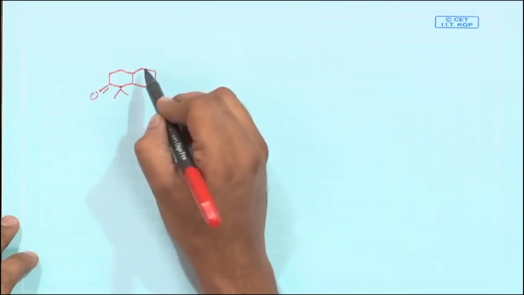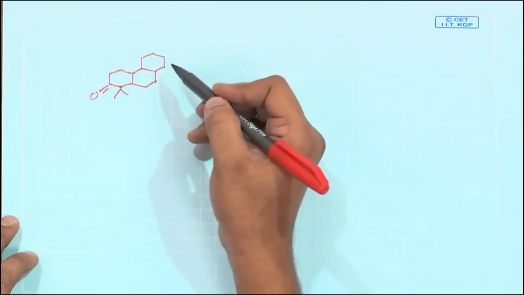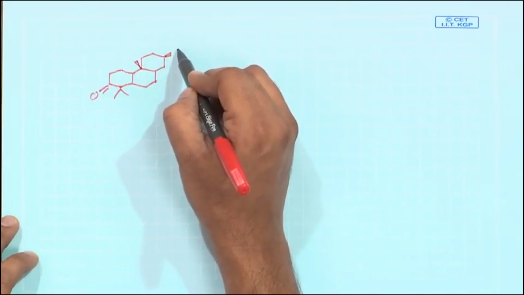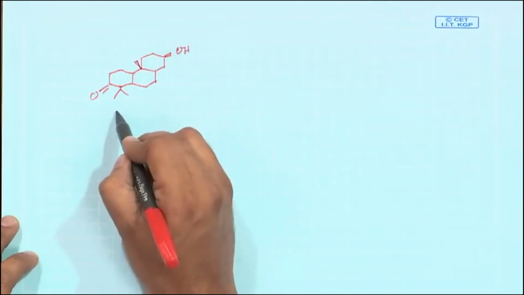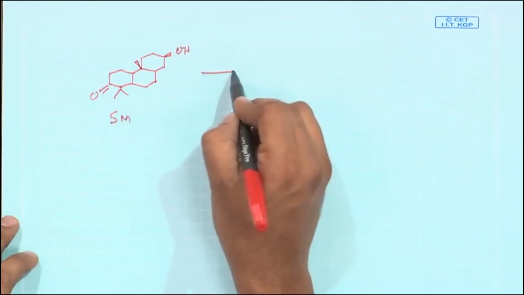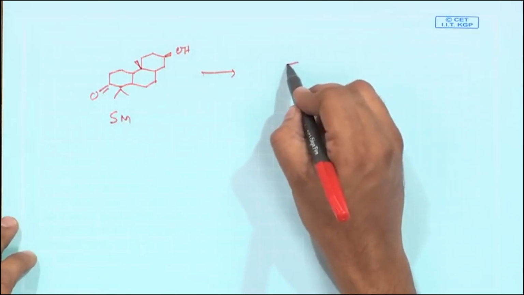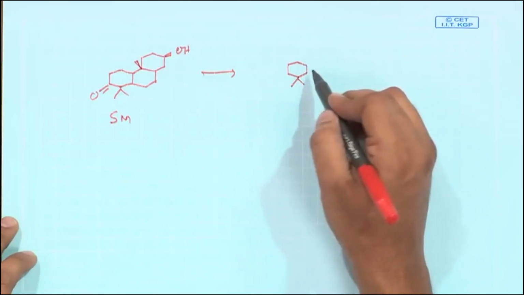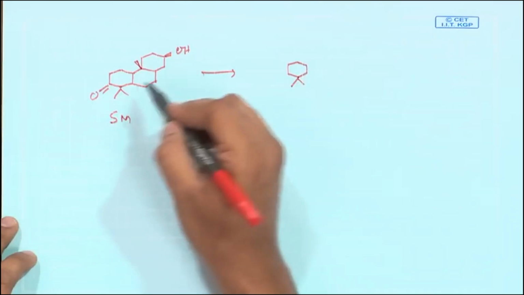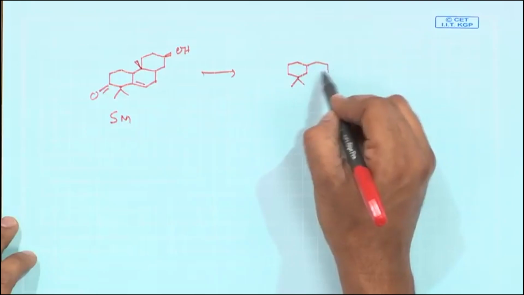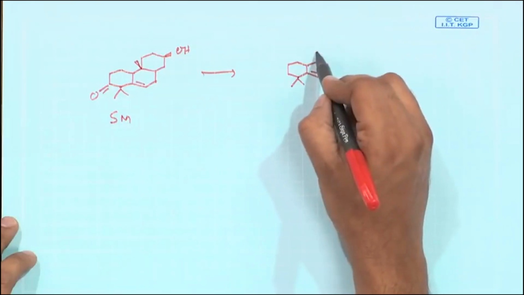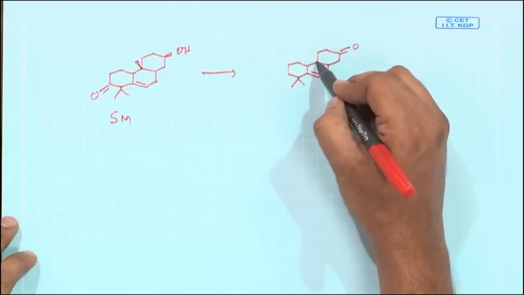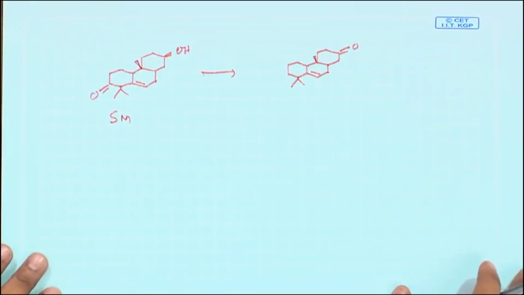We will be talking about a cyclic molecule, and the cyclic molecule structure is this. Starting material was this. The target which we need to synthesize from this molecule is a double bond, does not matter, and then the target which you need to make is this ketone.